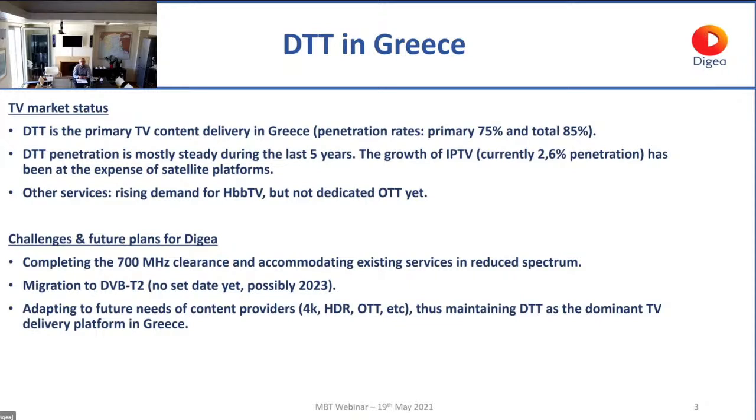So overall in Greece, we're about 11 million people. The households are 4.1 million, and it seems that our penetration is quite steady, and we think that we will continue to be the primary means of service offering in Greece.